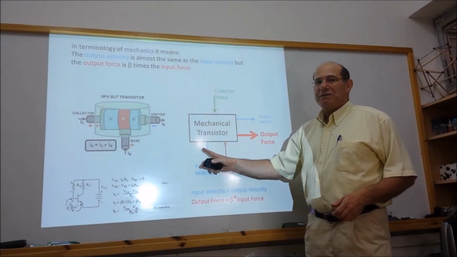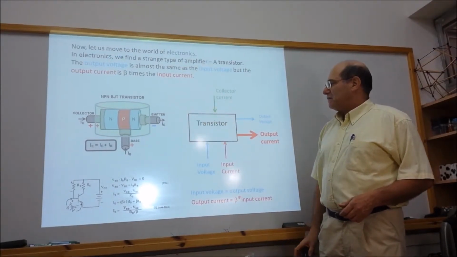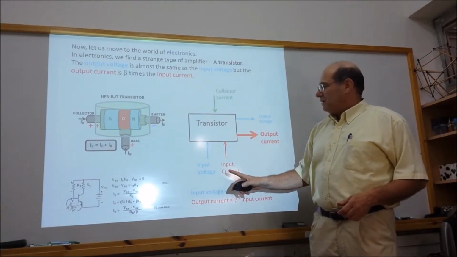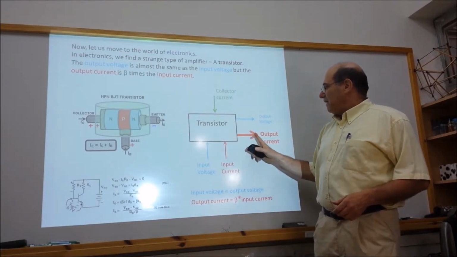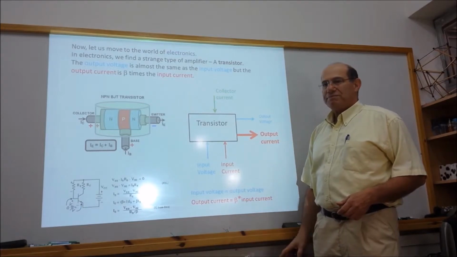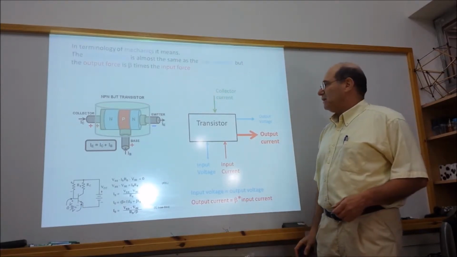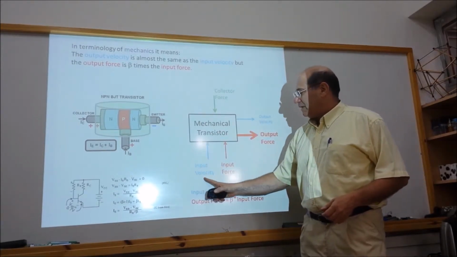Let us look at the schematic description of this transistor. You can see we have input voltage and input current. It amplifies only the current. If we look at the schematic description of the mechanical transistor, we have the same idea.